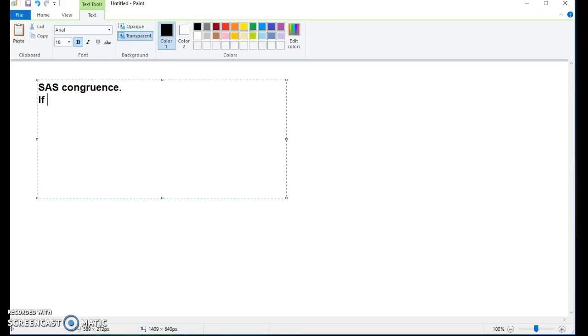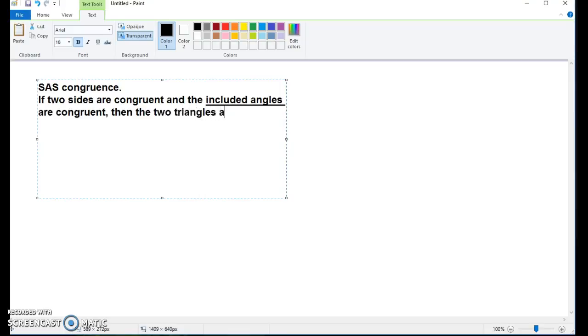So if two sides are congruent and, this is the important part, the included angle are congruent, then the two triangles are congruent.